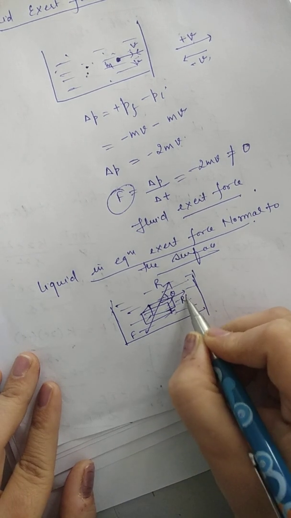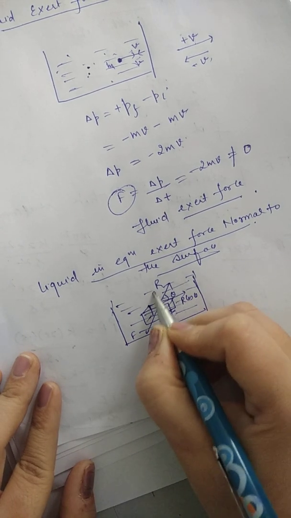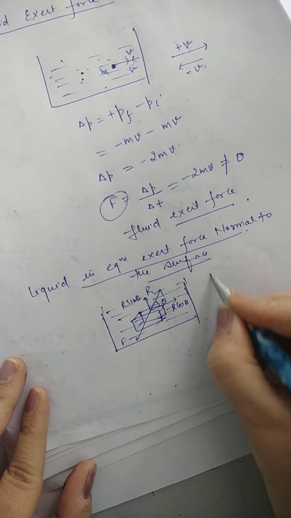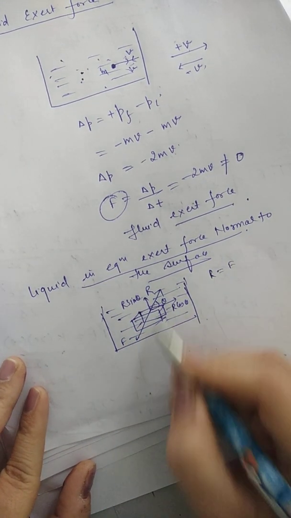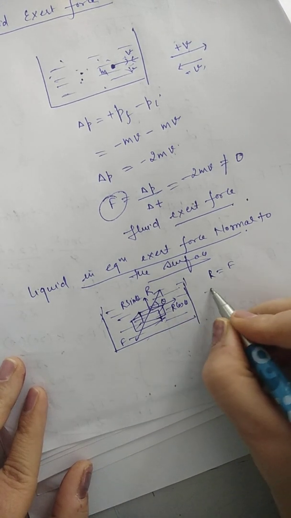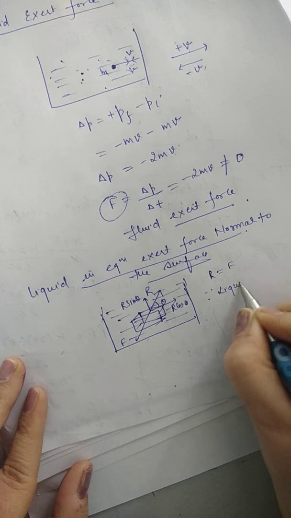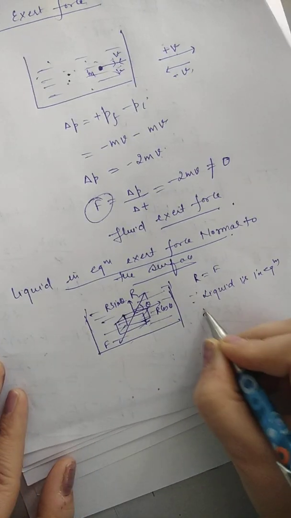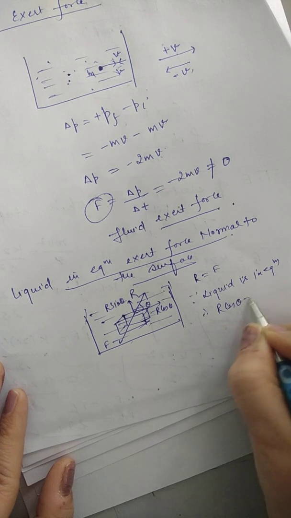You can resolve it into two components, R cos theta and R sin theta. R cos theta, and R is equal to क्या है? F, क्योंकि liquid is exerting the force on it. Now because the liquid is in equilibrium, therefore R cos theta must be equal to 0.